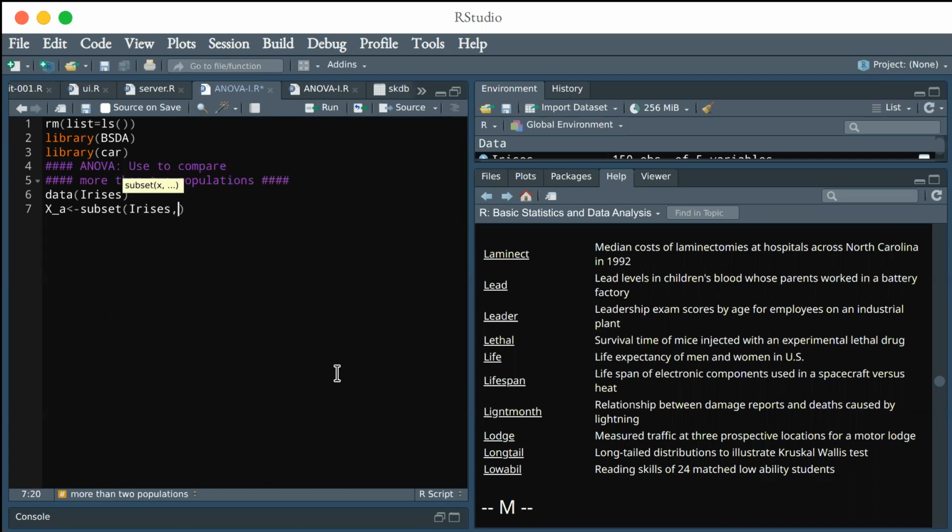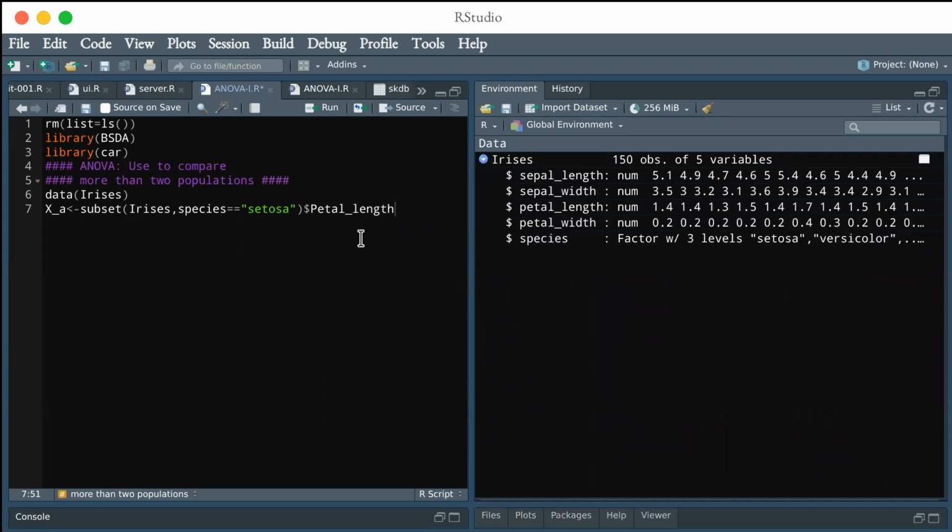I'm going to subset on the species Setosa and graph petal length. Why is it outside of parentheses?